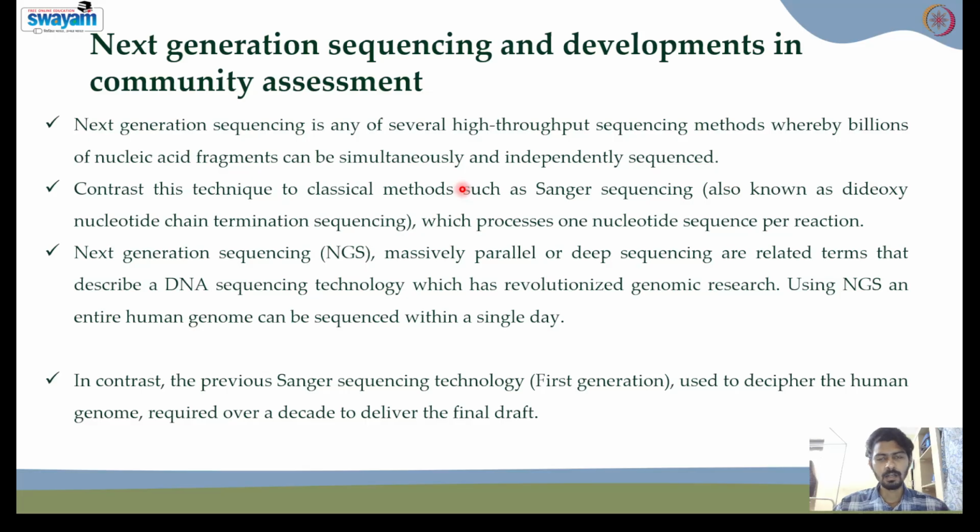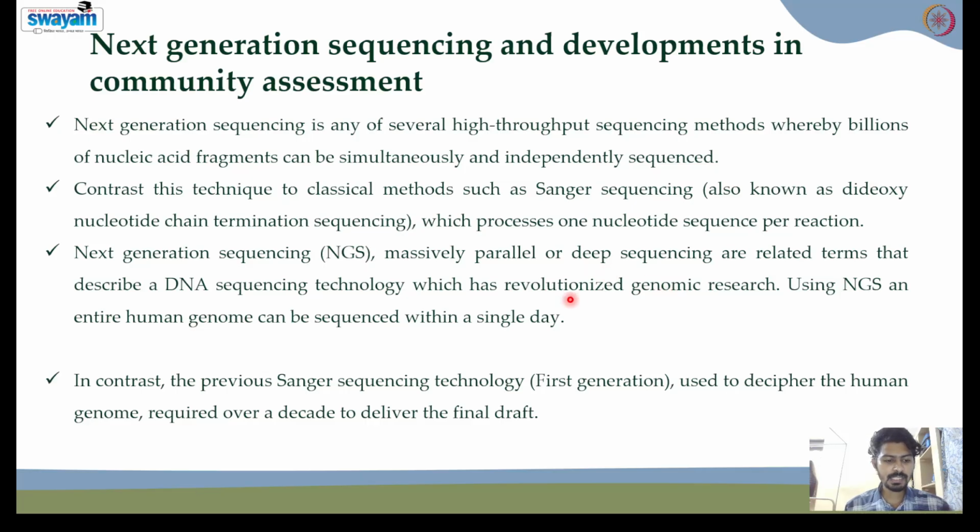So it is very slow, but they are reliable at that stage. But as the technology evolves, a lot of next gen sequencing has come into play, where billions of sequences can be analyzed in parallel within a very short amount of time.